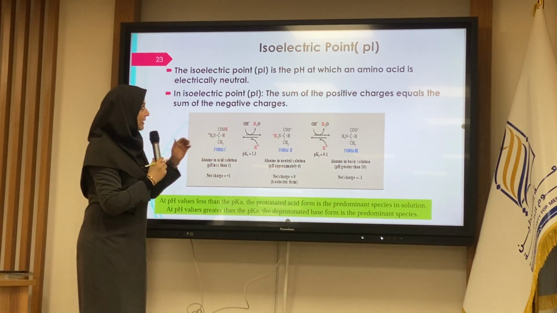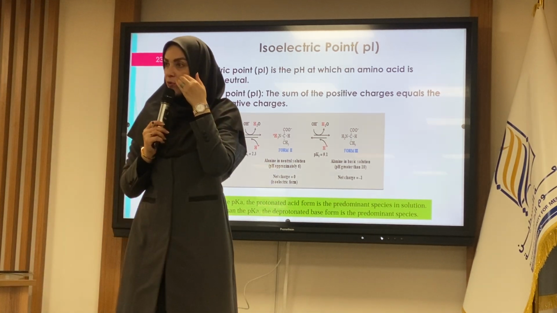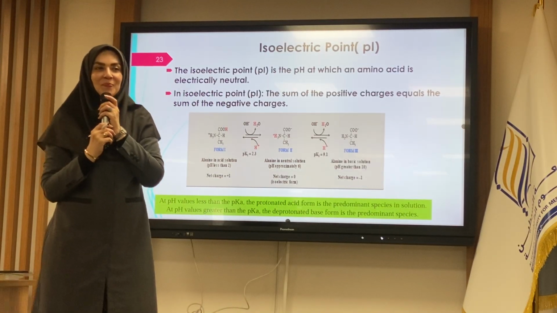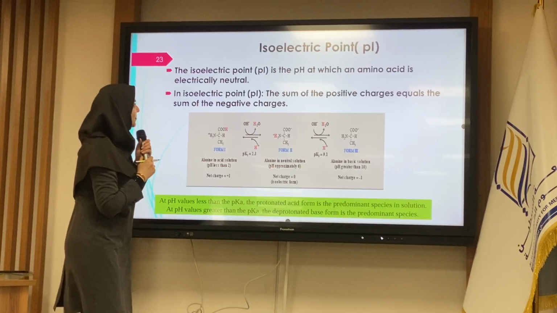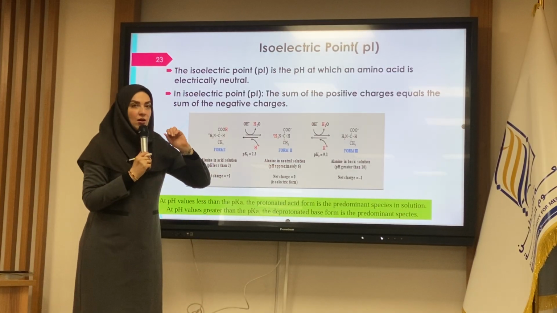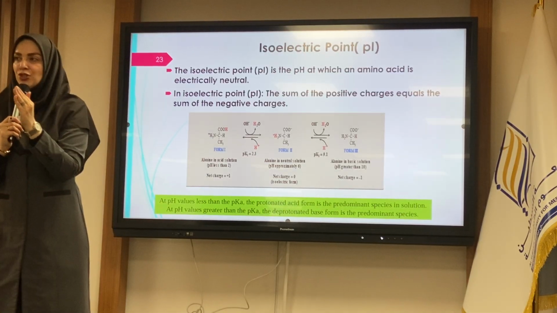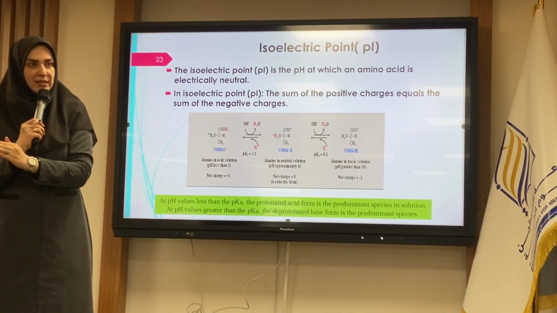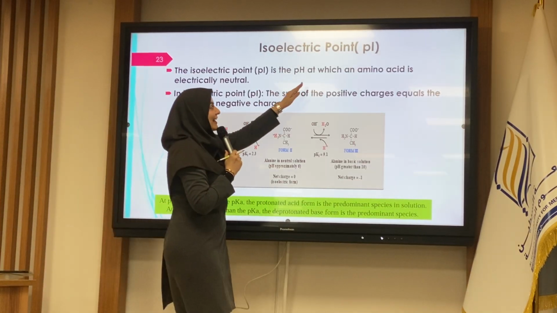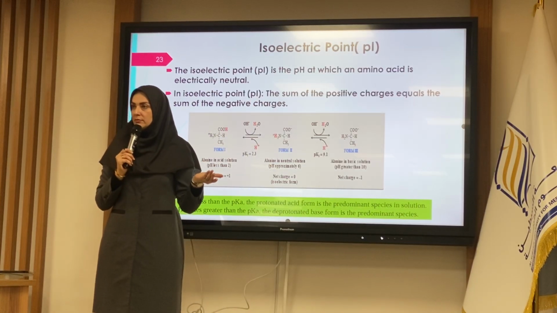And about the isoelectric point, have you ever heard this name? Isoelectric point, PI. What is it? The isoelectric point is an abbreviation of the pH of isoelectric, the pH at which your amino acid is neutral.